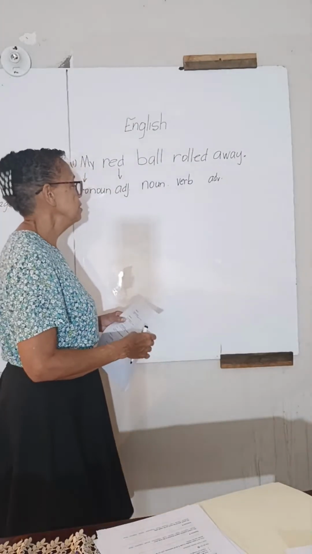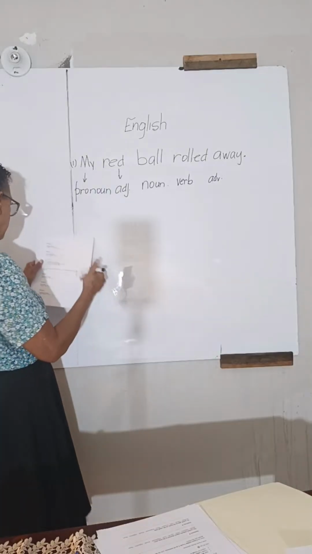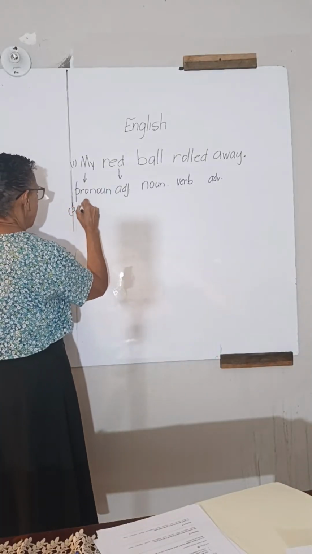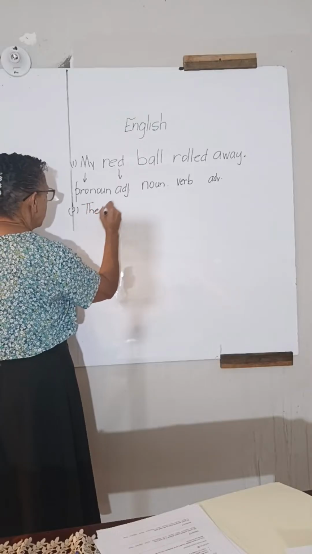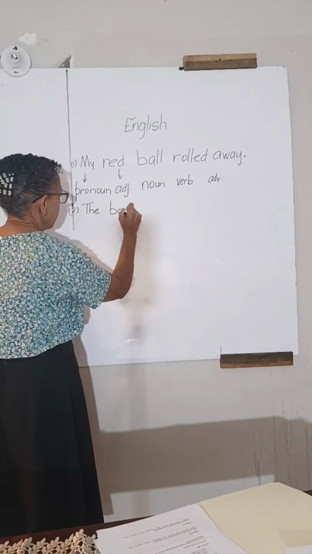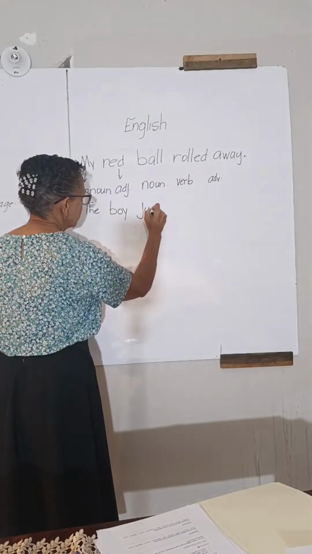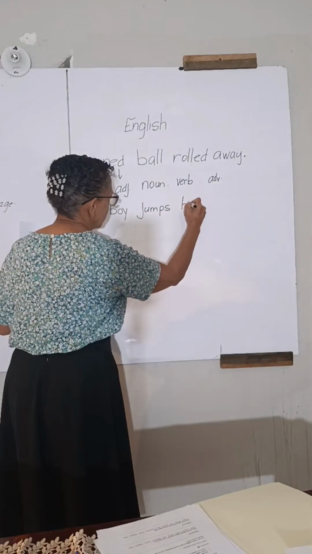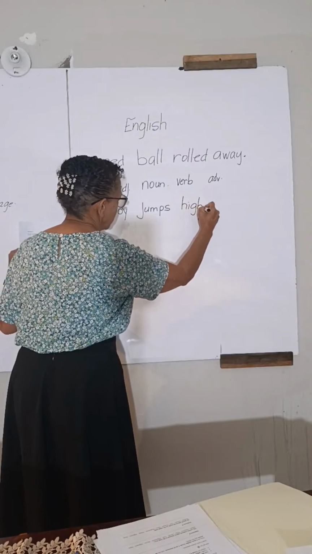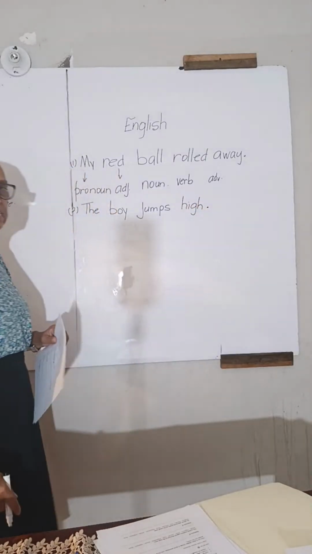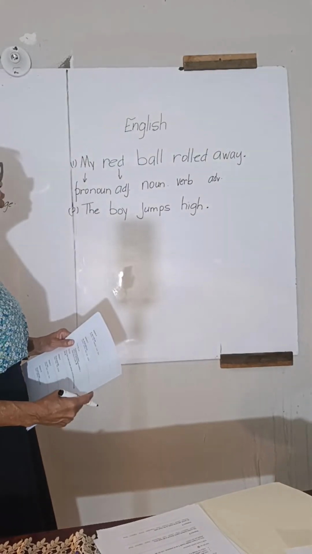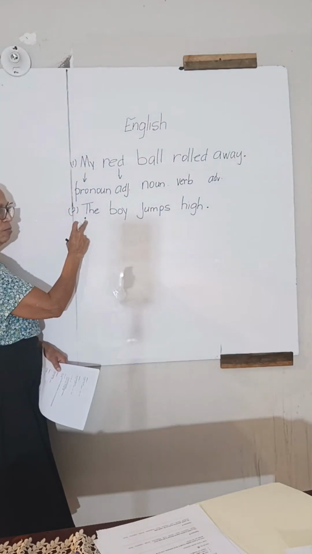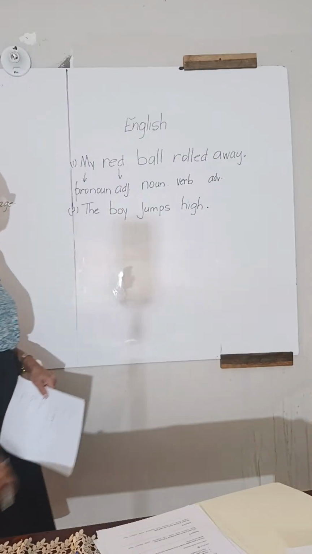All right? Look at this one. This is number 2. The boy jumps high. Full stop at the end of a sentence. Let us look at the board and see if we can identify. The. What is the again?